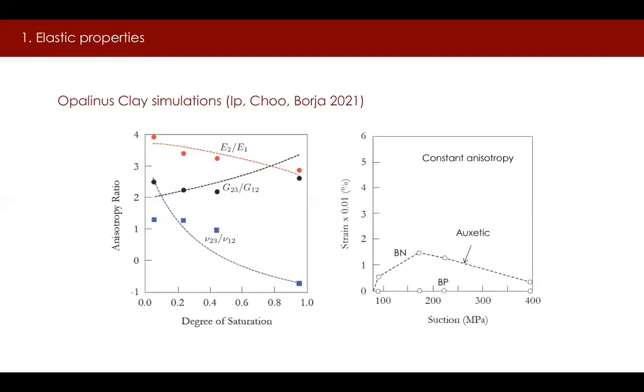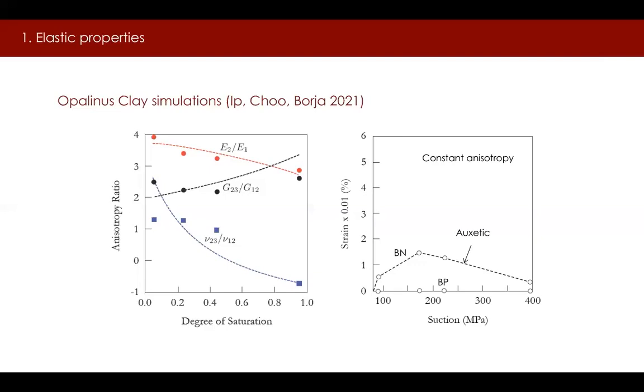An upshot of an evolving anisotropy ratio in the stiffness moduli is an evolving anisotropy ratio in the normal strains during a shrinkage test. We conducted numerical simulations of opalinous shale dehydrating between a range of saturation from 50% down to 10% saturation, and compared our simulation results with the lab measurements of Yurikov et al.